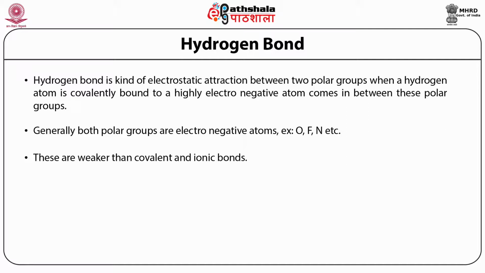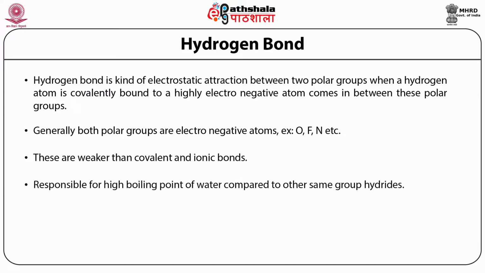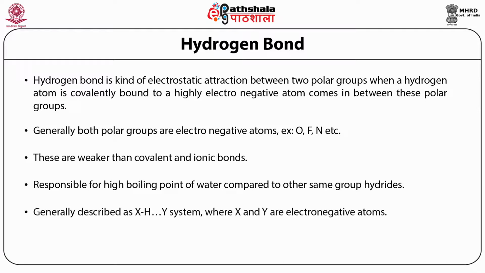The hydrogen bonds are responsible for the high boiling point of water compared to hydrides of the same group, generally described as X-H, that is a hydrogen connected to an X atom, and the Y, the dotted line shown, is actually the hydrogen bond, where both X and Y are electronegative atoms.